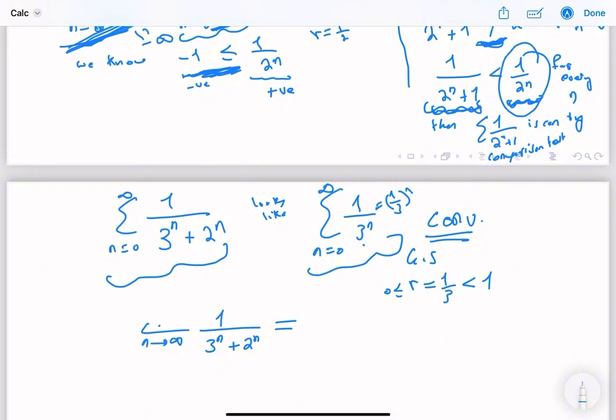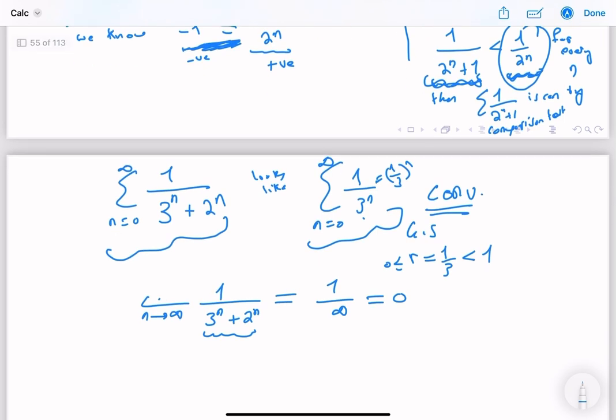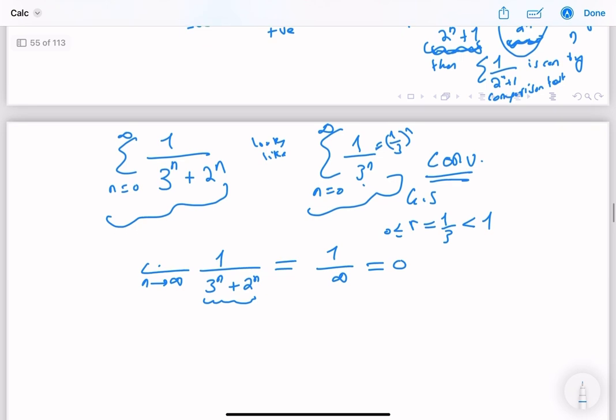If you put infinity here, it's going to be 3 to the infinity, which is infinity, plus 2 to the infinity, which is infinity, and this is 1 over infinity, which is 0. So the limit is actually 0, so this should make you feel better about the possibility of convergence, but it doesn't guarantee convergence, right? How can we prove convergence here?